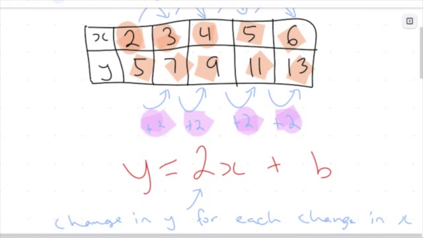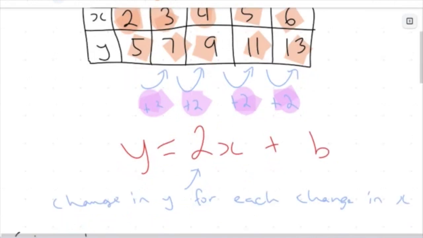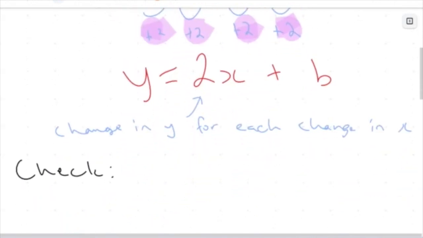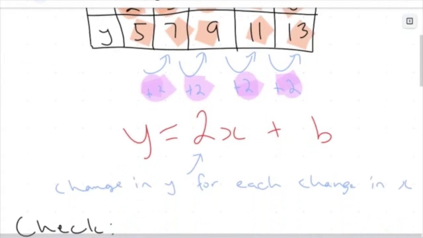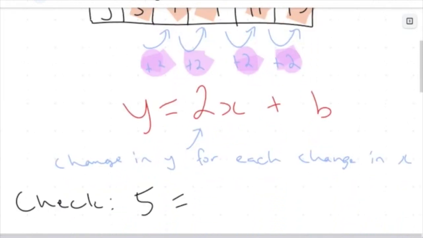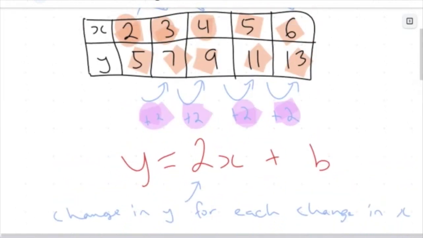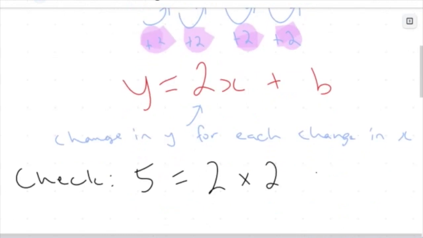So they make the left-hand side equal to the right-hand side. So let's check some values. So let's take 2 and 5, for example. Well, 5 as my y equals 2 times x, which is 2, plus some constant b or c.